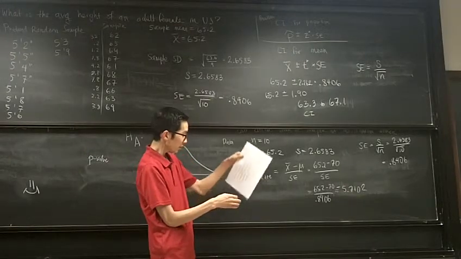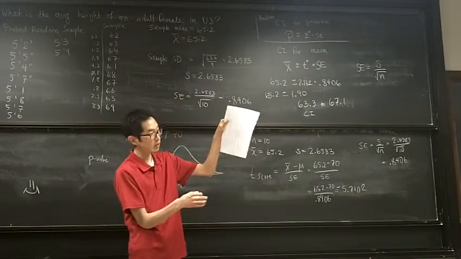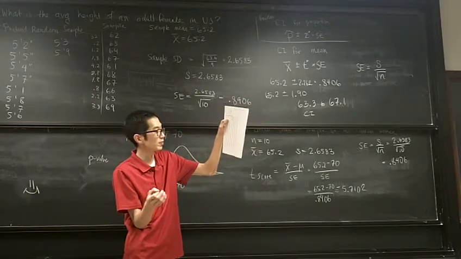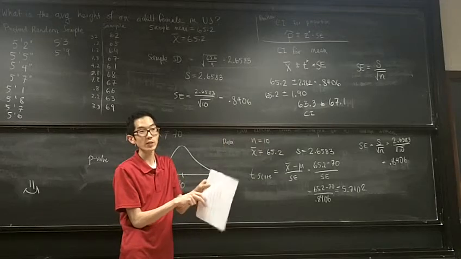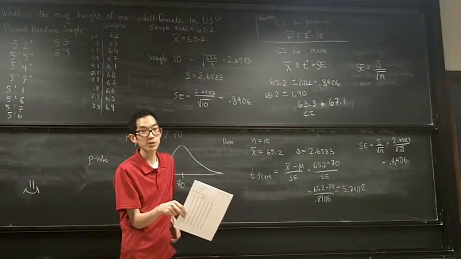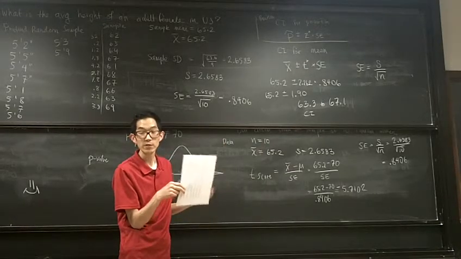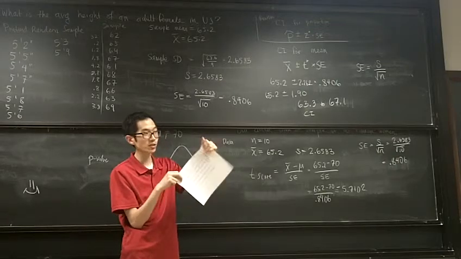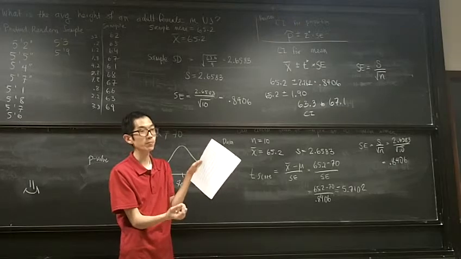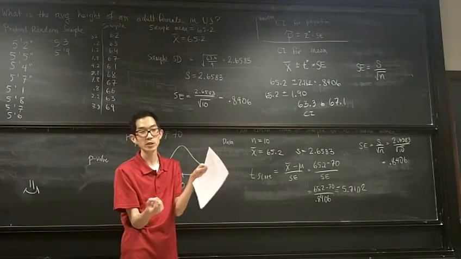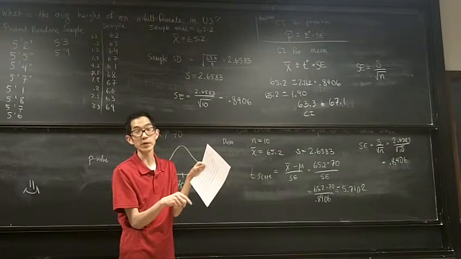If you have some different number, let's say 57 people, how many degrees of freedom do you have? 56. Do you have 56 degrees of freedom in your table? No, okay? Anytime you can't find your exact degrees of freedom, always round down.